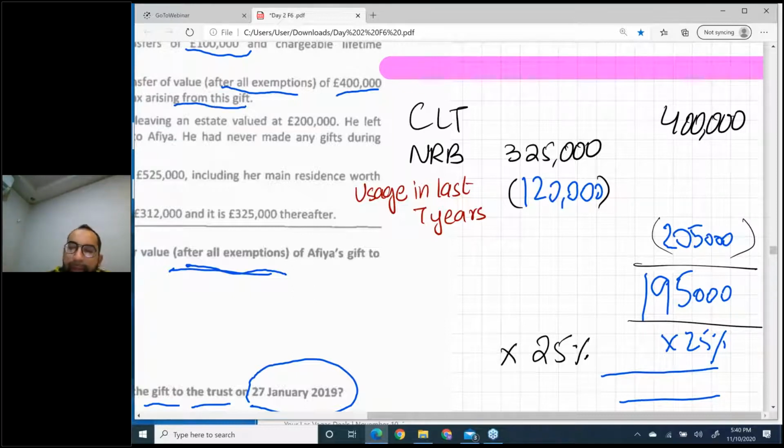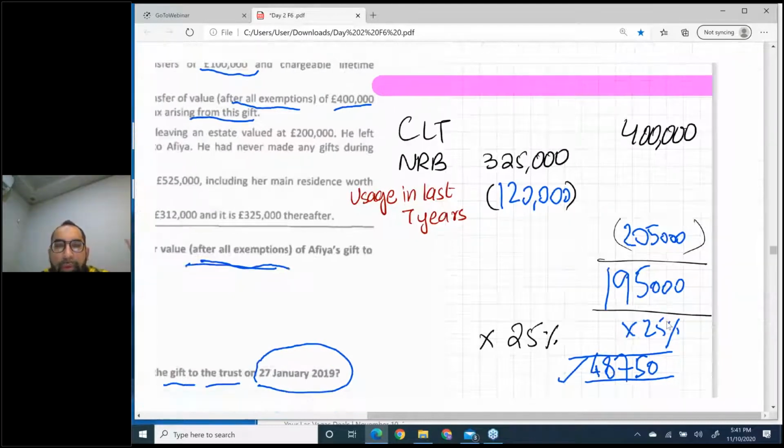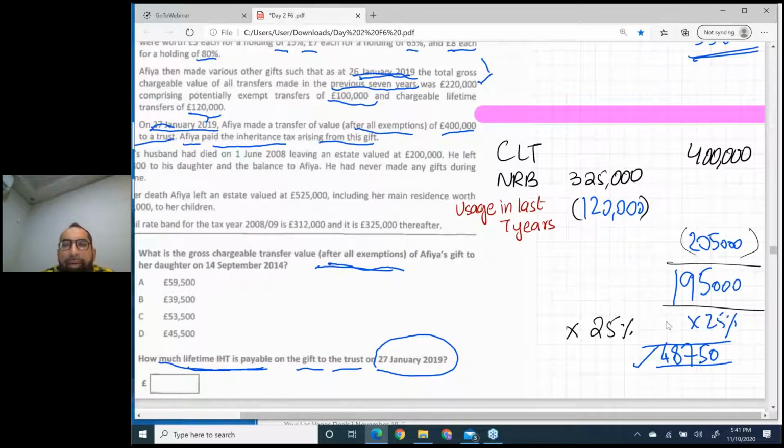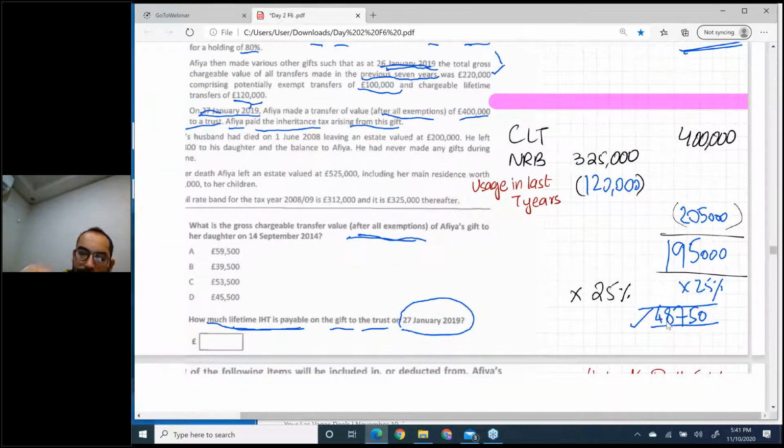It's 48,750. That's it. Screen is in front of you. 48,750 is the answer. The answer of question number 2 is 48,750.